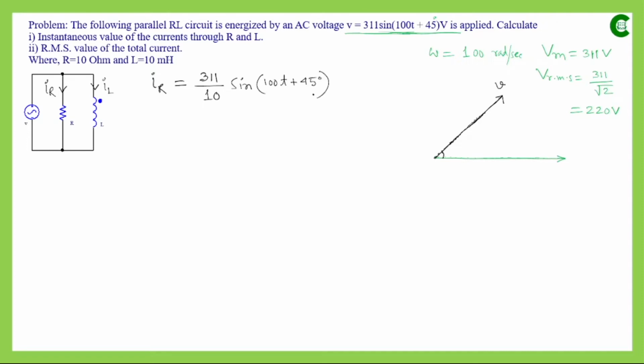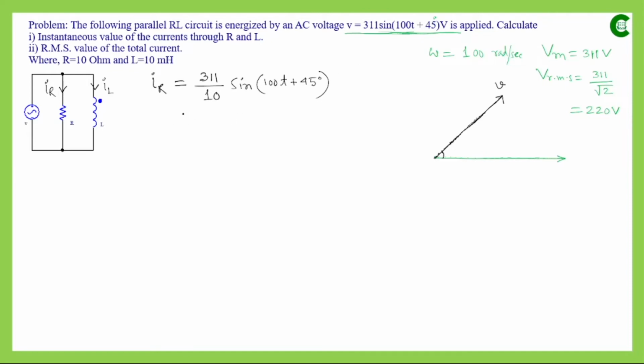Why is it 100t plus 45 degree? Because the current which flows through the resistor is always in the same phase as the applied voltage. Since the expression of the applied voltage has the angle 100t plus 45 degree, the angle for IR will also be 100t plus 45 degree, so that there will be no phase difference between these two angles, or between those two phasors.